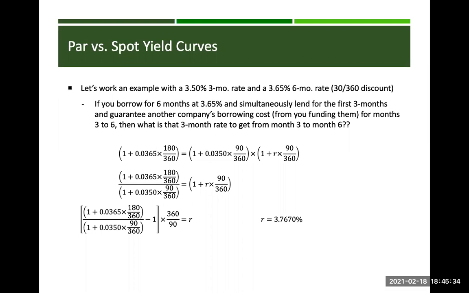So the client can choose, let me use my annotations here. The client is deciding whether they want to borrow or lend from 3 months from today to 6 months from today. That will determine the interest rate that the broker-dealer quotes them.